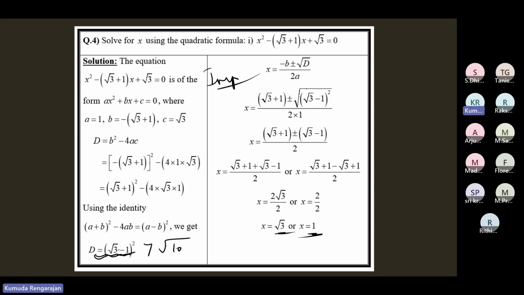That's fine. Whenever there's a square root like this involved, there should be a whole square. So in most cases, let me tell you that D will be a perfect square.